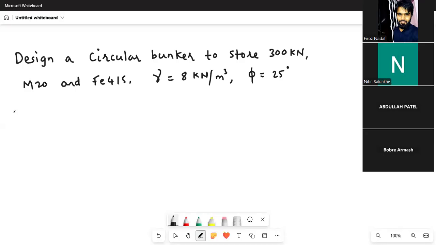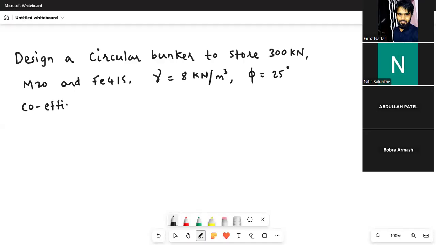If depth is more, in that case we will consider the frictional force. But here we will not consider frictional forces. I don't know why they have given it in the problem, but we will not consider frictional force in case of bunker. This is a university problem.